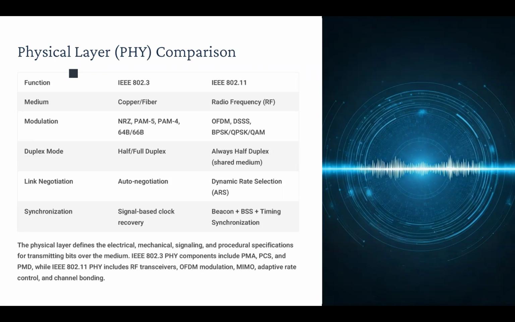The synchronization between the two technologies is also different. Ethernet relies on signal-based clock recovery, while Wi-Fi synchronization is done through beacons, basic service set parameters, and timing synchronization functions, which coordinate access point and client operation through time slots.